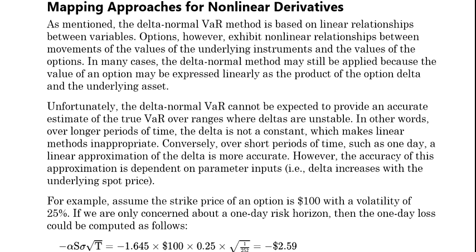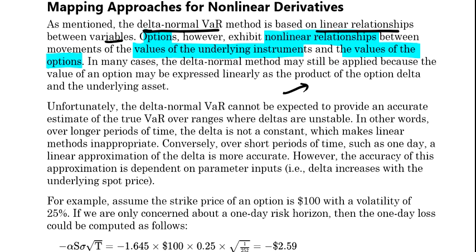This part is a little important. Till now we have used the delta normal VAR, which is for linear relationships between variables, but options exhibit a non-linear relationship between the movements of the value of the underlying instrument and the value of the options. If you look at the movement of Reliance Industries and the movement of the options on Reliance Industries, they both exhibit a non-linear relationship.